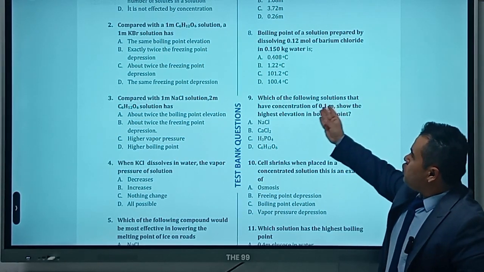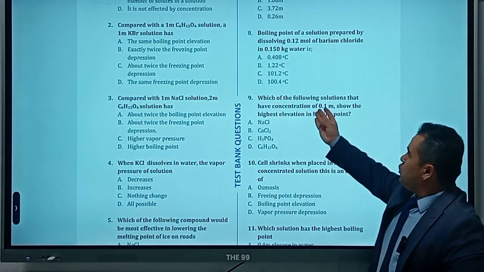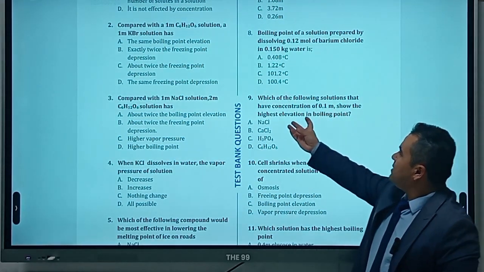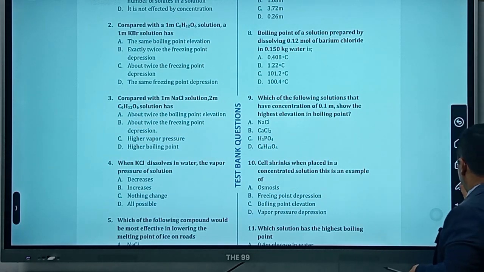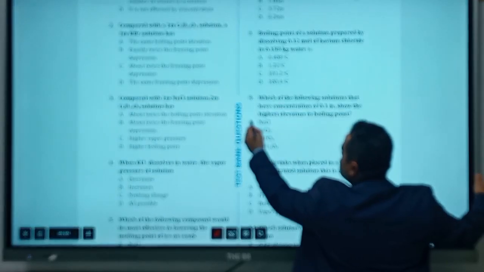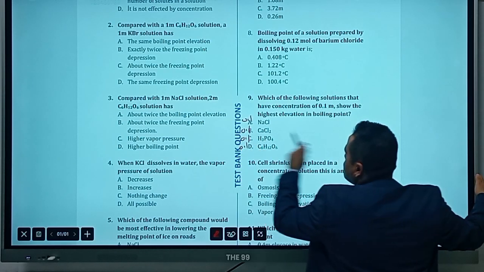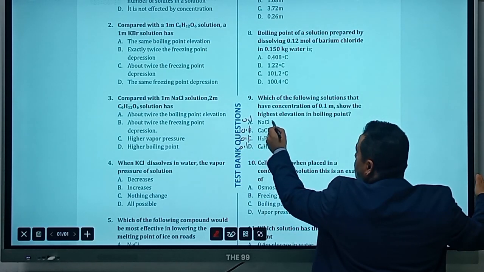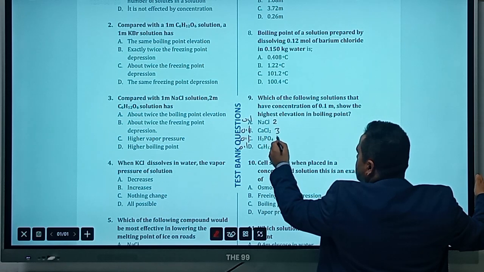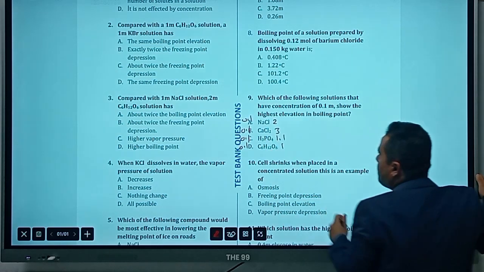Which of the following solutions that have a concentration of 0.1 molar shows the highest elevation in the boiling point? They have equal concentration of 0.1 molar for each. The ion factor of this is 2, this is 3, this is 1.1, this is 1.